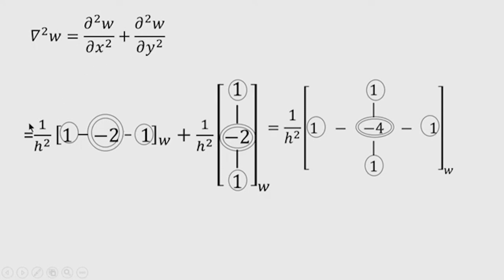Now write it in the stencil form: del square W by del x square I have written here, plus del square W by del y square I have written, because this is the derivative with respect to y and this is the derivative with respect to x. So, same thing is there, but one is rotated by 90 degrees.